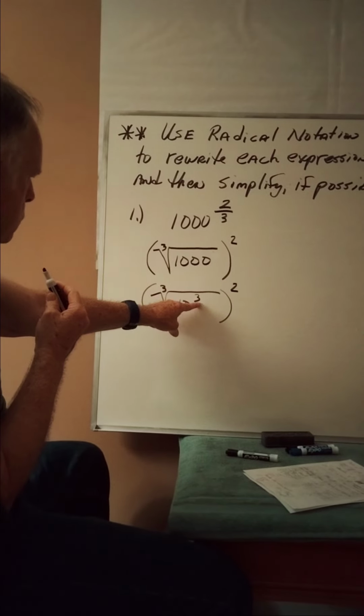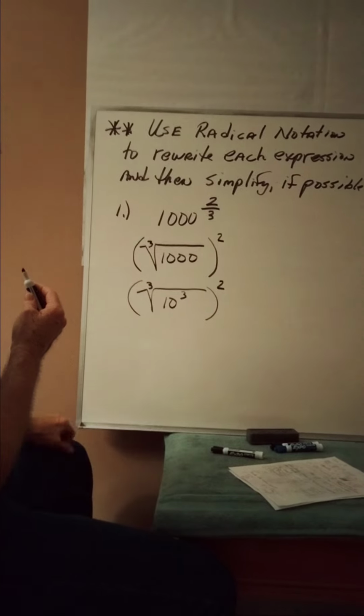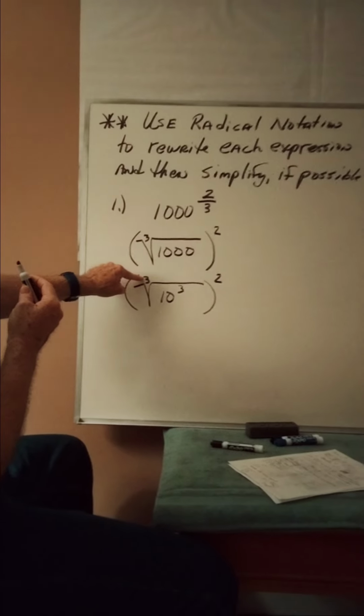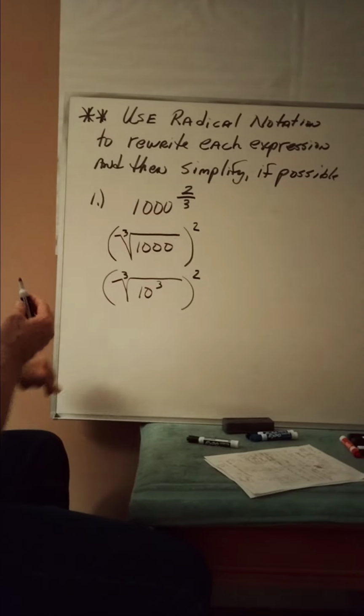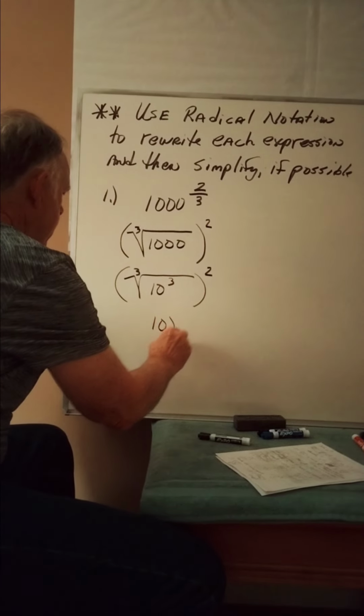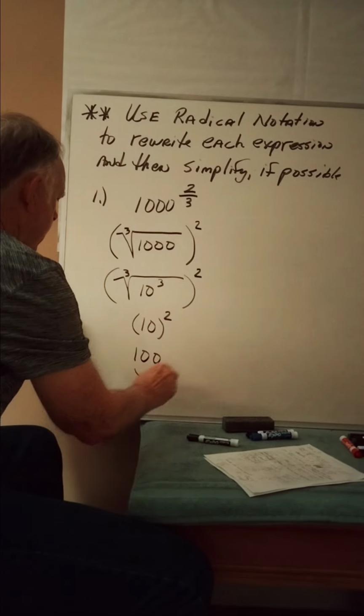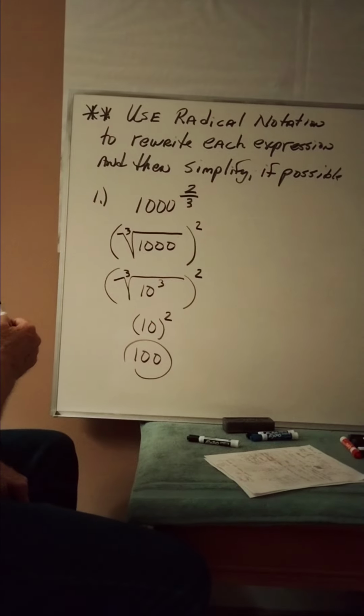Well, notice that this exponent is evenly divisible by the index, so the cube root of 10 cubed has to be 10. We bring down that 10, and then we square that 10, and we're at 100 for that given answer.